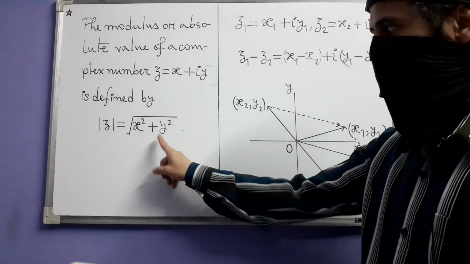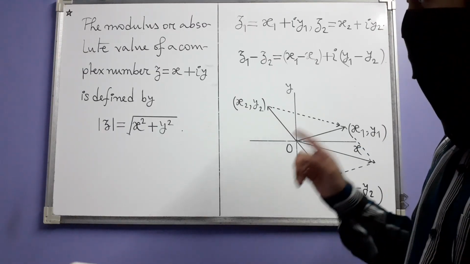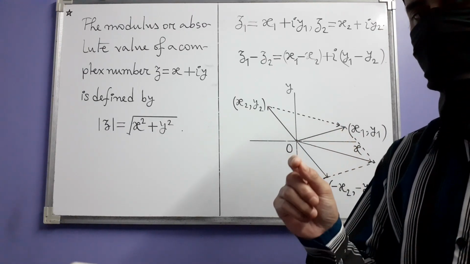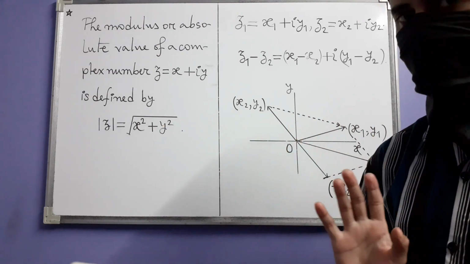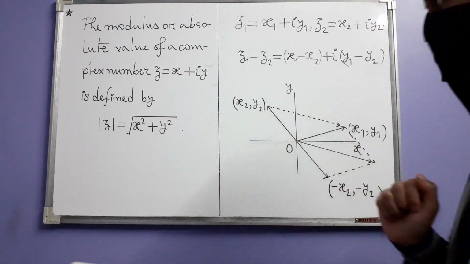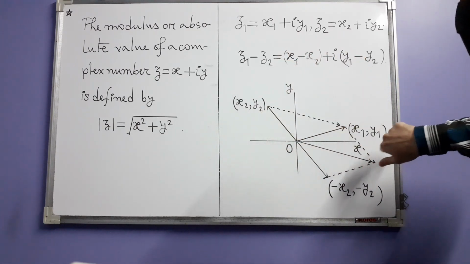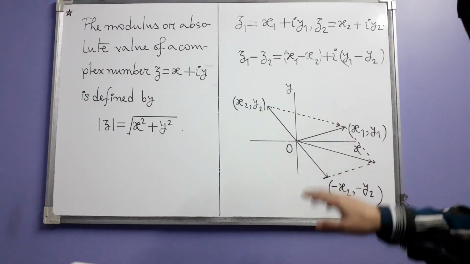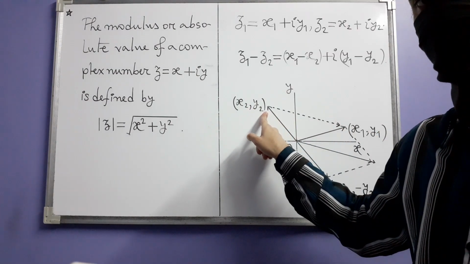Now, what does this quantity correspond to geometrically? Because we have identified complex numbers with points in the plane, so this should have some geometric meaning. The geometric meaning is this. Say you consider the complex number z2. I am not considering z1 because this part is a little messy. So this point is the one that corresponds to z2.